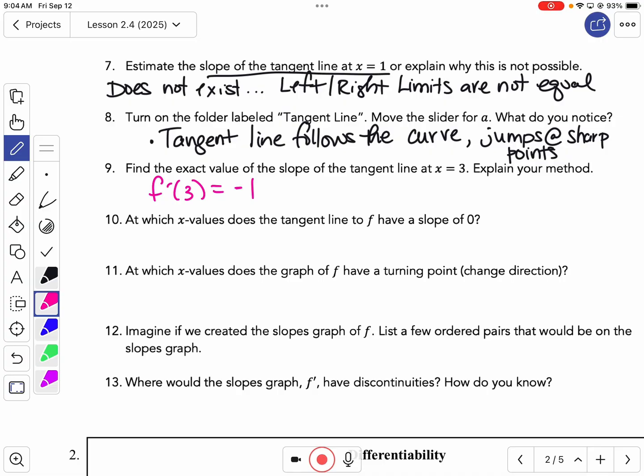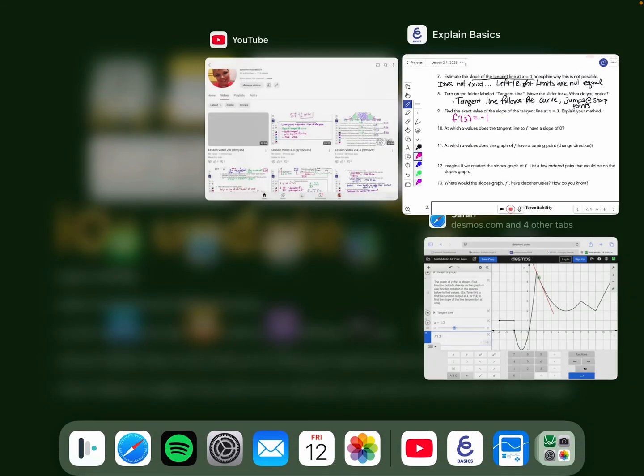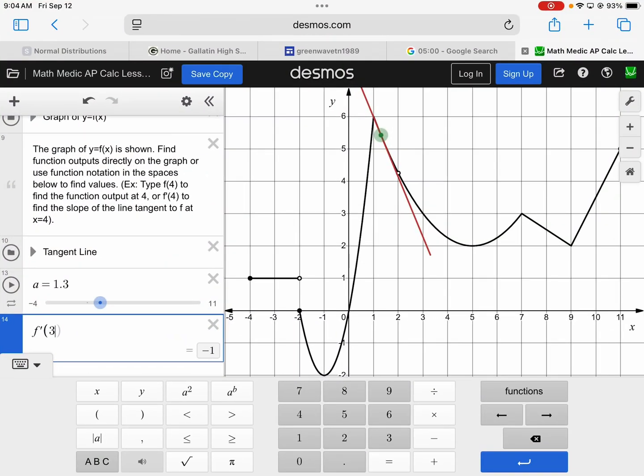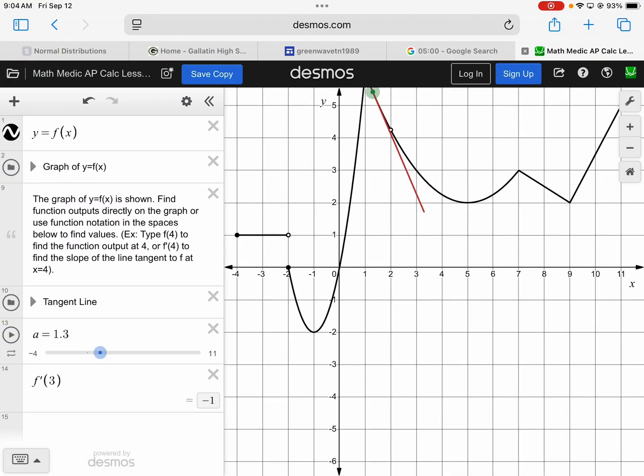Now, looking at your graph, at which x values do you think the tangent line has a slope of 0? Where do you think it has a slope of 0? It's got to be somewhere that we still see the line. Zero slope, remember, is a horizontal line. So it looks like it's happening at negative 1, and where else?